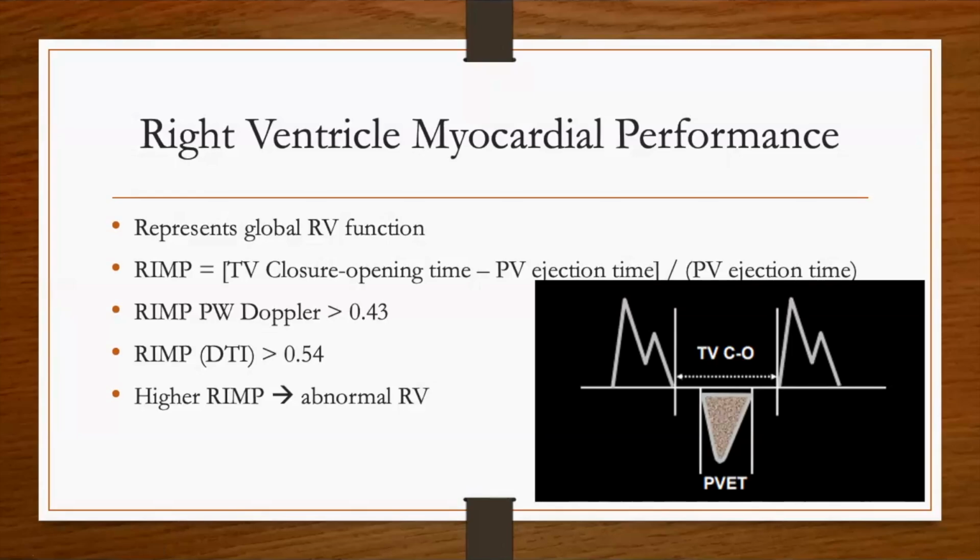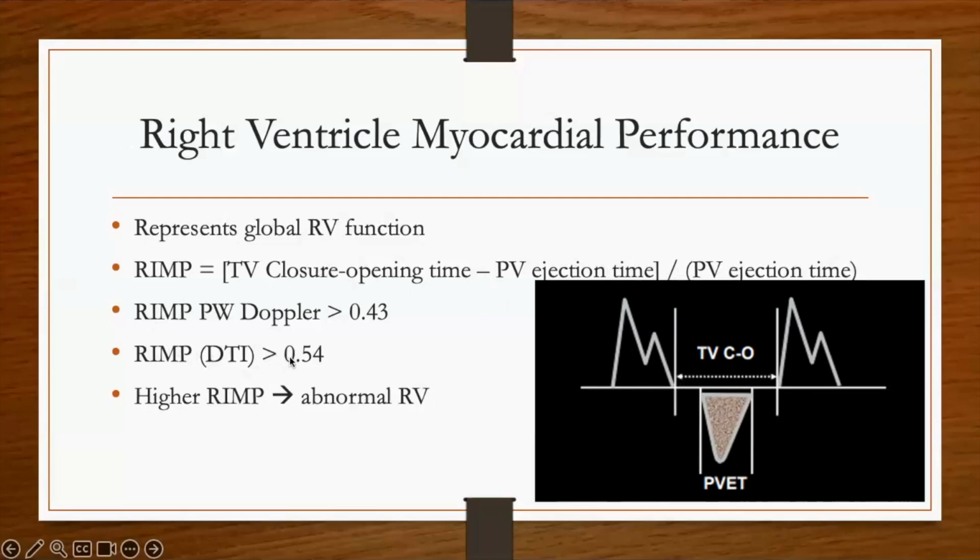Essentially this index looks at tricuspid valve closure and opening time, and then the pulmonary valve ejection time. It's basically looking at the difference between those two values divided by the pulmonary valve ejection time.